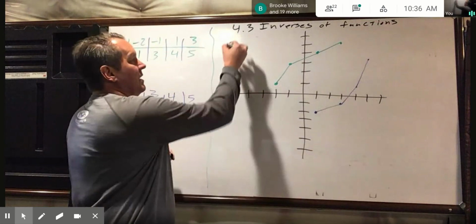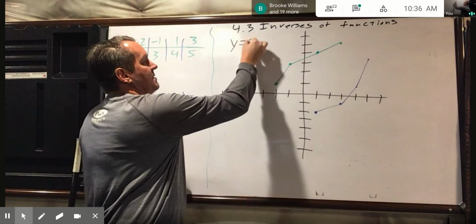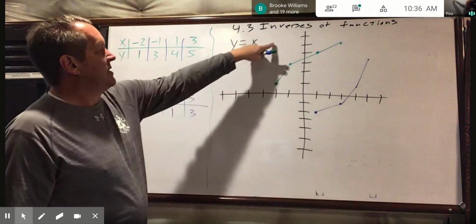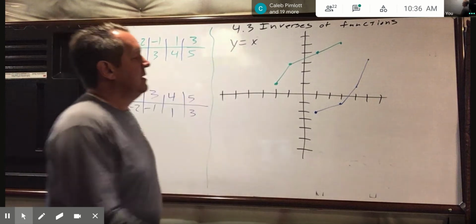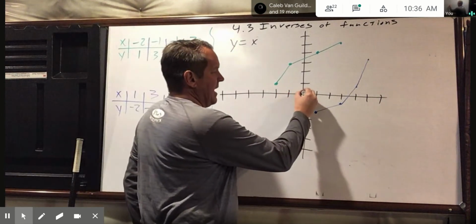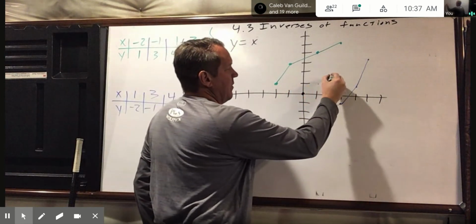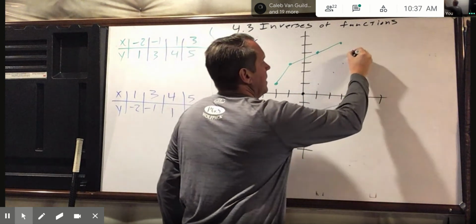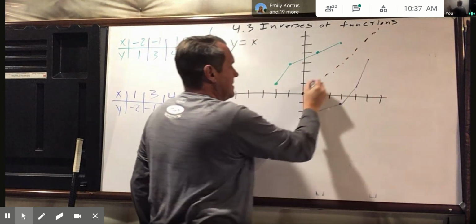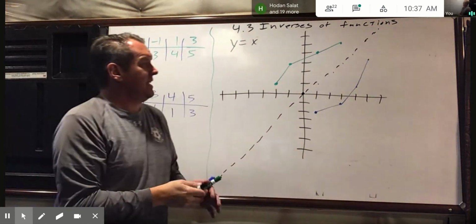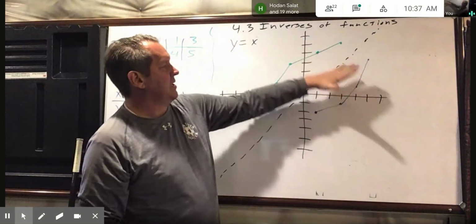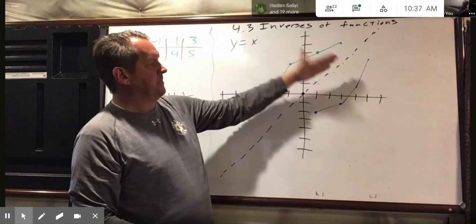This imaginary line is the line y = x. Its y-intercept is at 0. Its slope is 1 over 1. So if I draw an imaginary line, y-intercept 0, up 1, right 1, up 1, right 1, up 1, right 1, I get a line that does this all the way through. And as you can see, it's a reflection of itself over that line.